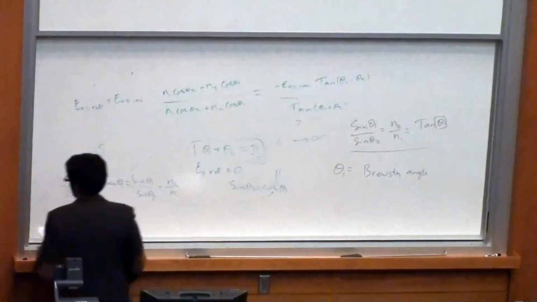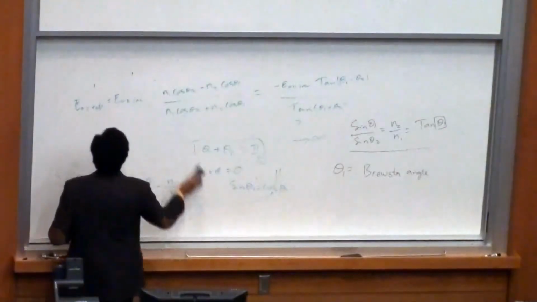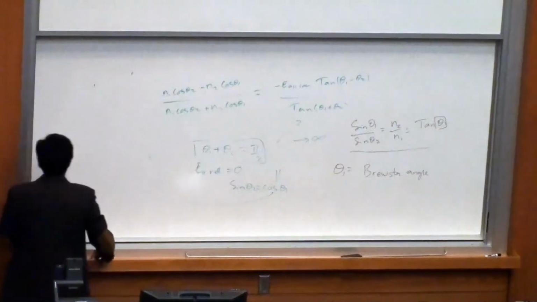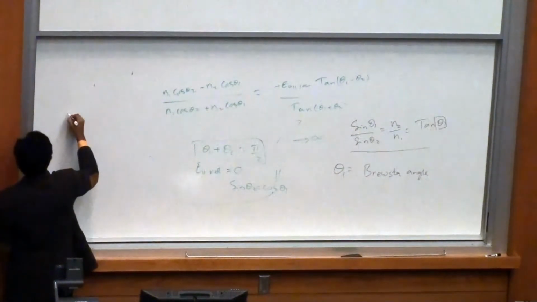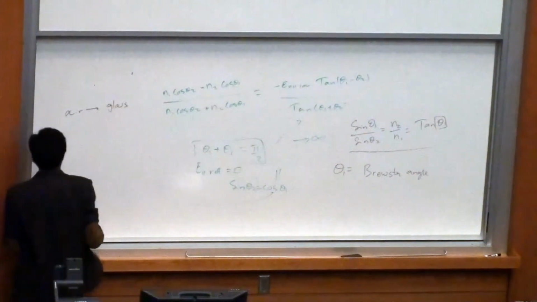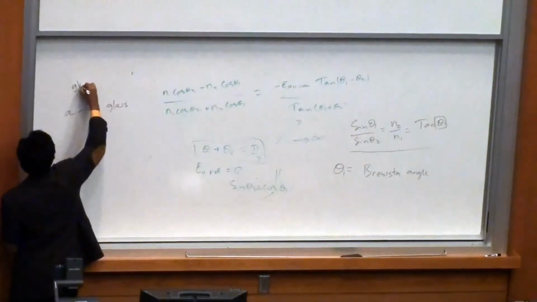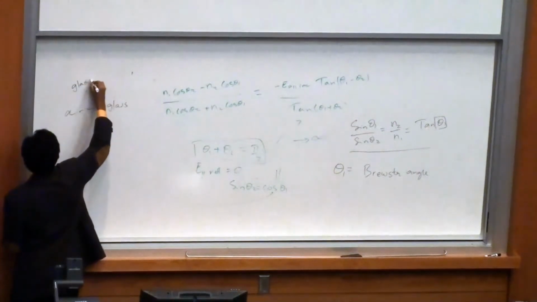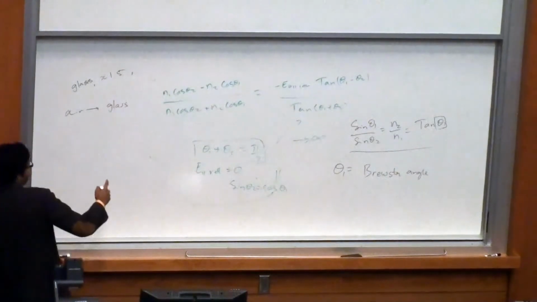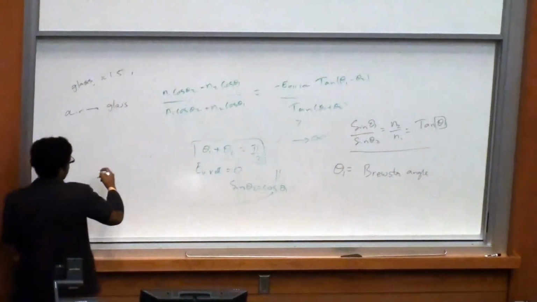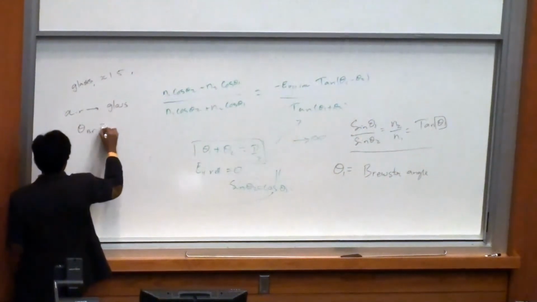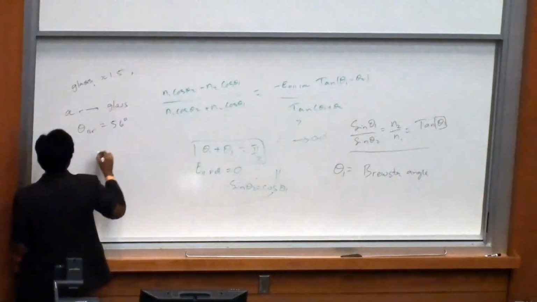So if I'm going from air to glass, and the index of refraction for glass is approximately 1.5, as we discussed earlier, then plugging this in, my Brewster's angle here is going to be around 56 degrees.